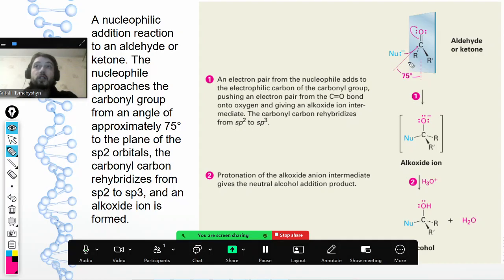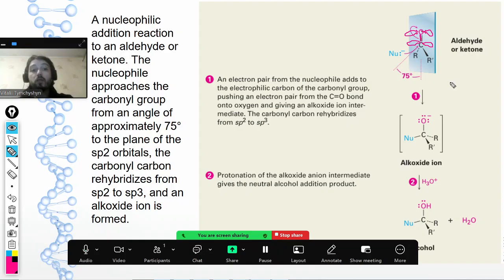It approaches the molecule. So here you see the angle, something around 75 degrees to the plane of the double bond. You might guess we have here a double bond C=O, so this means we have one sigma bond here and we have a pi bond here. So I can draw these orbitals.